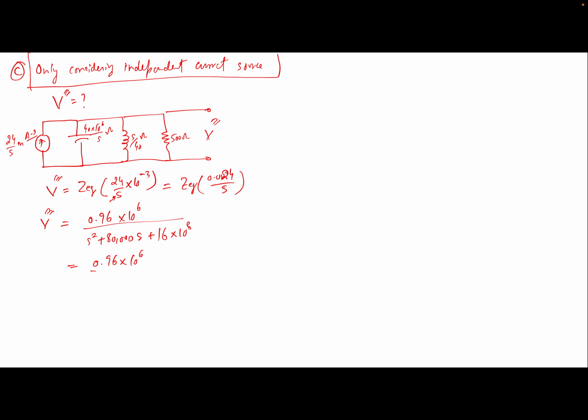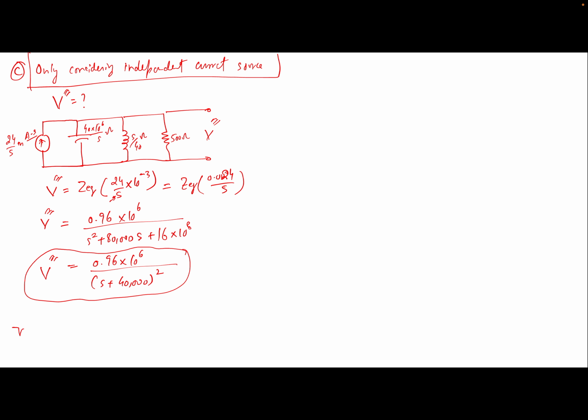There is no S in the numerator, and the denominator comes out to be S plus 40,000 squared. Again, this is a very simple expression. We can directly find the Laplace inverse transform, and we don't need to convert that into partial fractions or something like that.